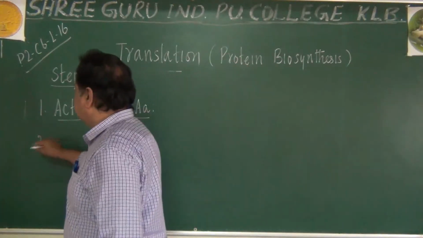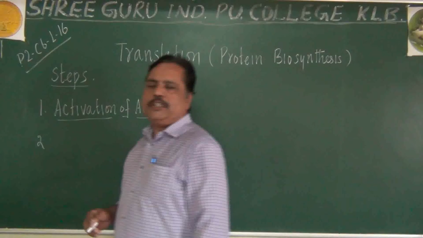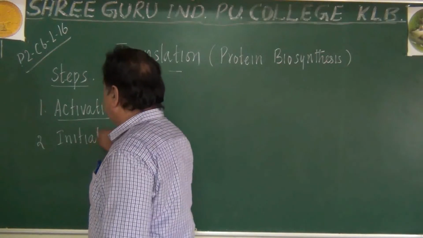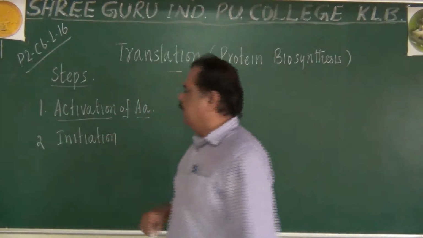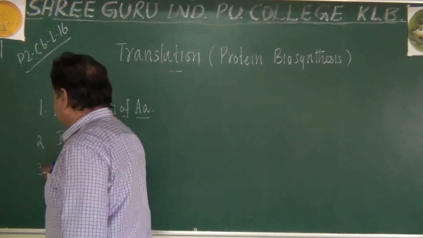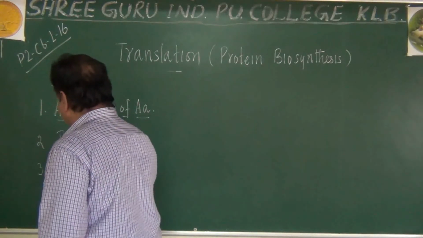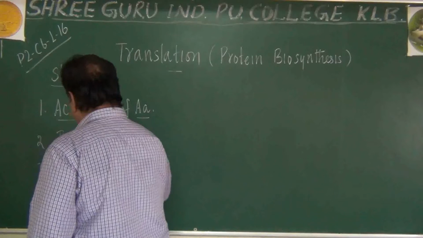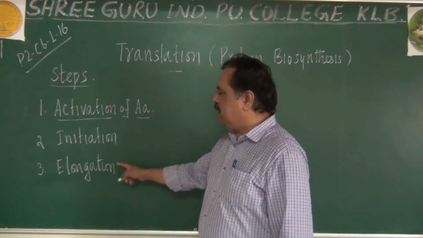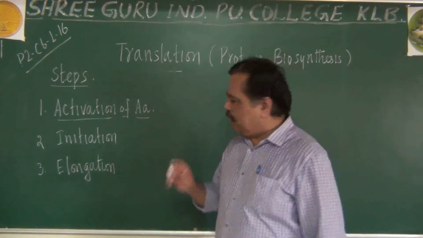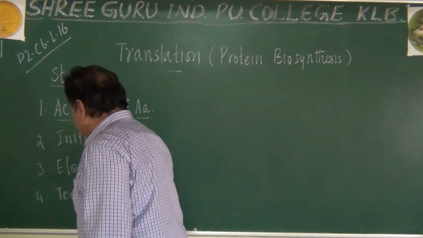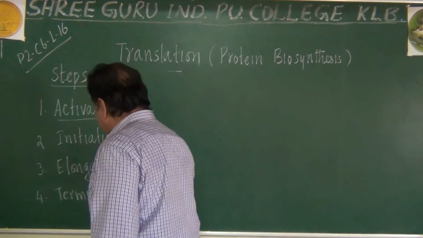The second step is initiation of a polypeptide chain, or initiation of translation. The third step is known as elongation. So: activation of amino acid, initiation and elongation. The last and fourth step is called termination.